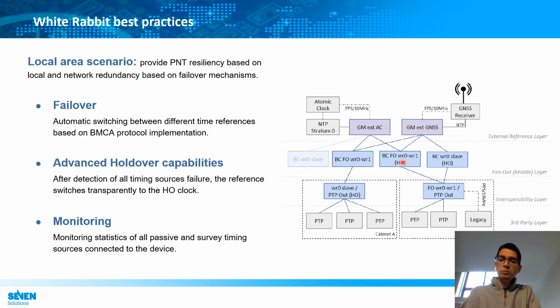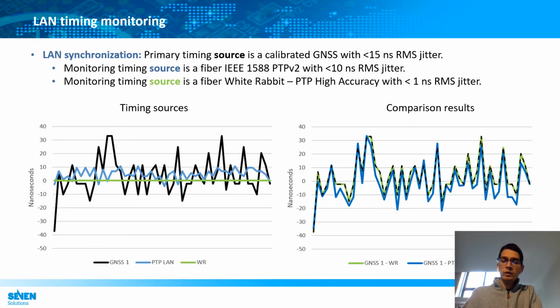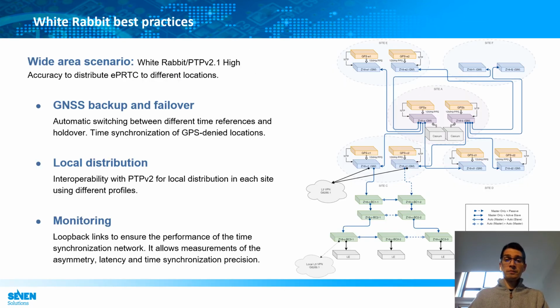So if we close loopbacks, as we have multiple ports, we could be measuring all the time synchronization in the whole network. And that's important because thanks to the White Rabbit accuracy, we will have pretty good measurements of all the different time sources, because the sub-nanosecond accuracy of White Rabbit almost guarantees zero time budget consumption on the measurement.